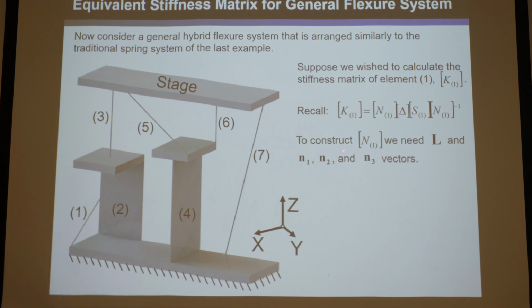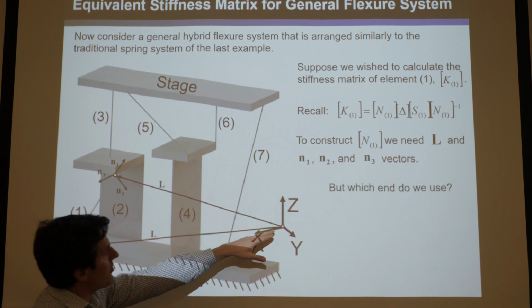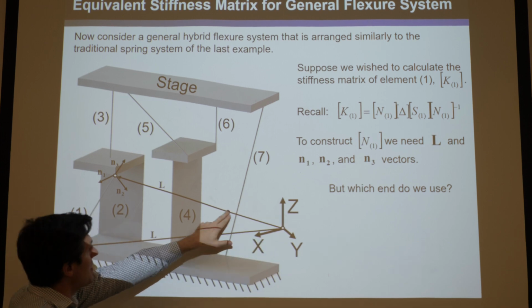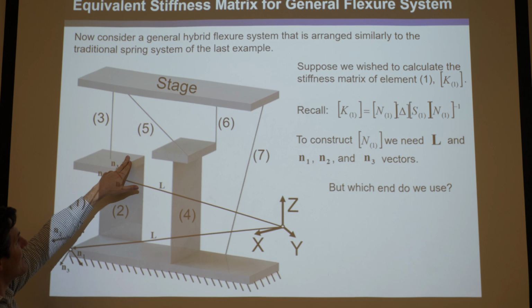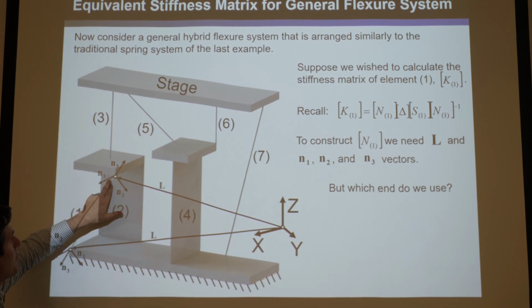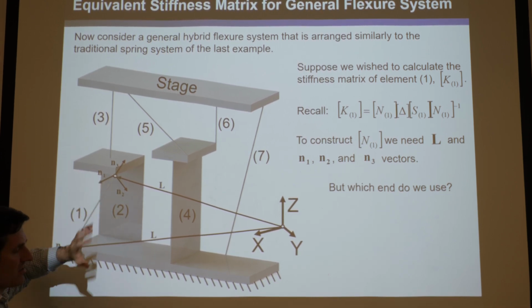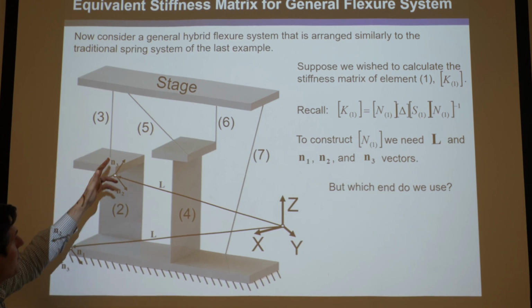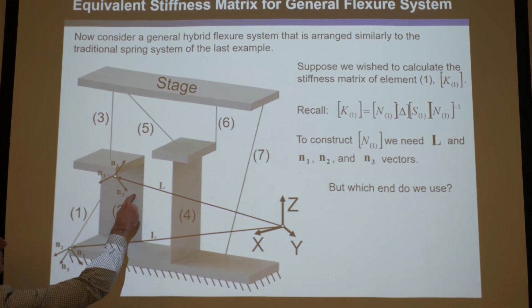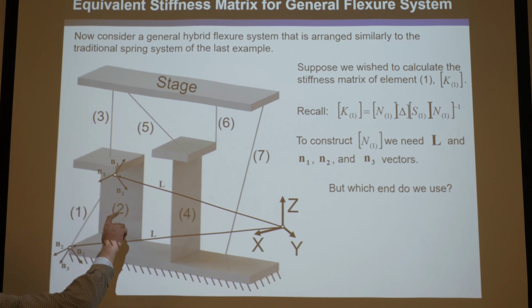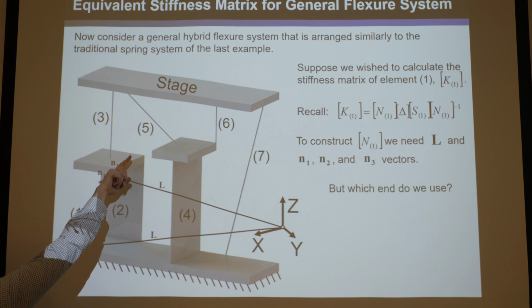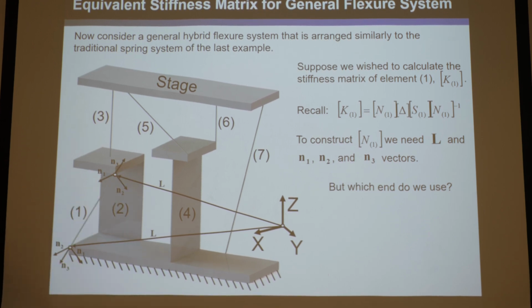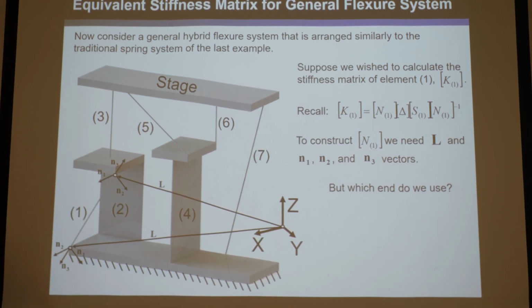Well, N1 consists of an L vector, N1, N2, and N3, where you draw from your global coordinate system some L vector with respect to the global coordinate system, that's where it attaches to the stage, and then you do N3 into the stage, and then N1 and N2 perpendicular to these rectangular prism faces, and make sure they follow the right-hand rule. Okay, and again, N1 could have come out here, N2 could have, whatever, right? But it's really important that N3 is the one going along the axis into the stage, and you do your thing with N1 and N2. And notice it follows the right-hand rule. So you could have done that.